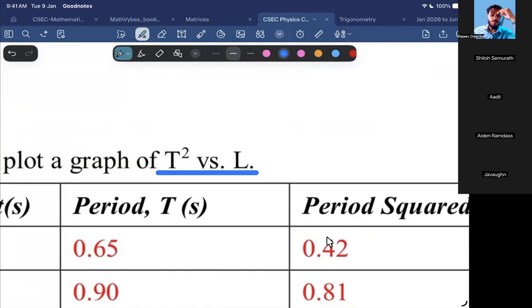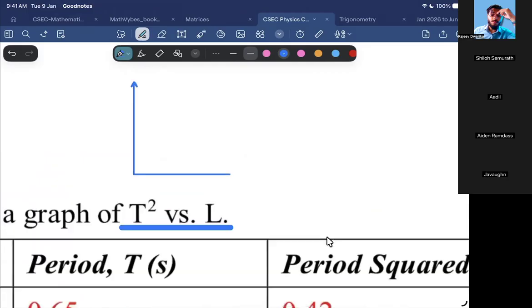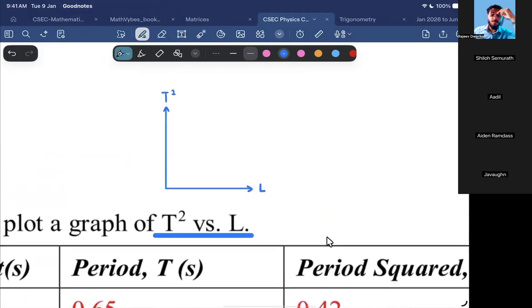T squared. Whichever is mentioned first goes on the y-axis. So t squared goes on the y-axis, and what's mentioned second? L. Anytime you have a graph, the first one they mention goes on the y-axis.